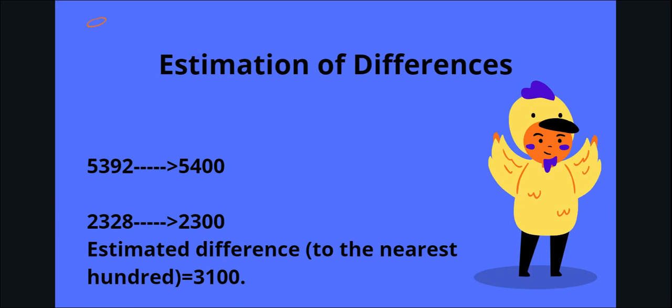For finding the estimated difference, we subtract 2300 from 5400, which gives 3100, whereas the actual difference is 3064, and we know the nearest hundred of 3064 is 3100.